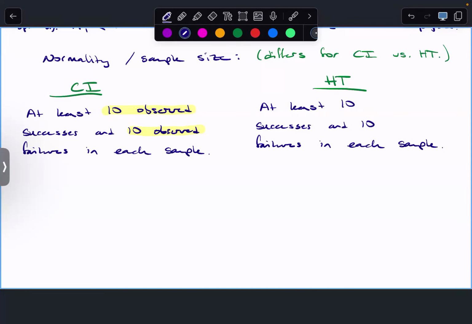Now we have to have at least 10 expected and expected. So I'll highlight that, the difference between the two. How we're going to find the expected is we're going to use the pooled proportion.